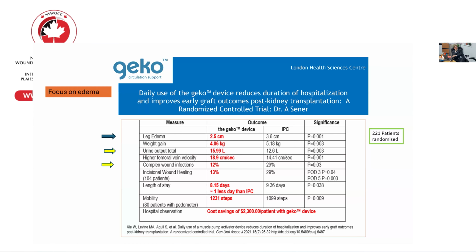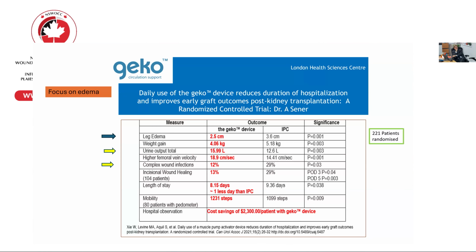The weight gain was 4 pounds with the Gecko, but 5 pounds with the intermittent compression device. The urine output was increased with the Gecko over the device.